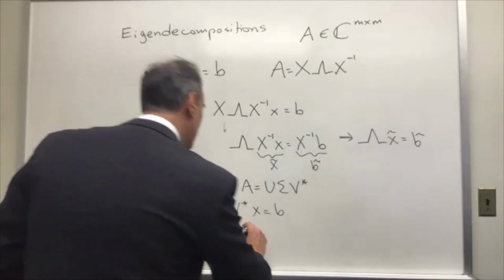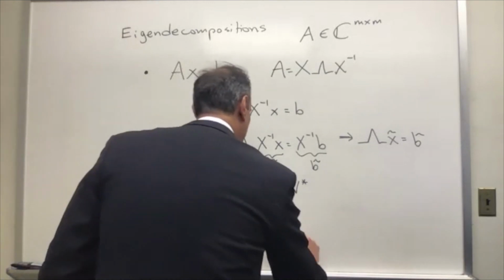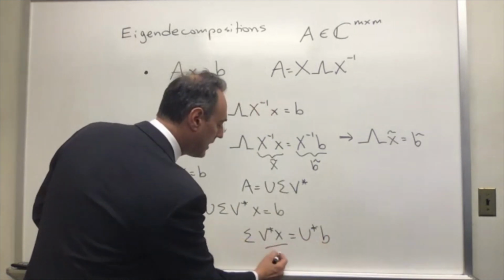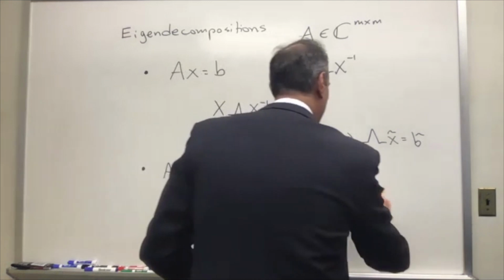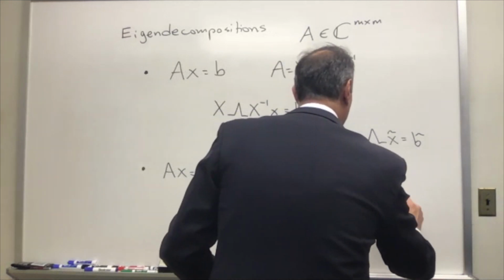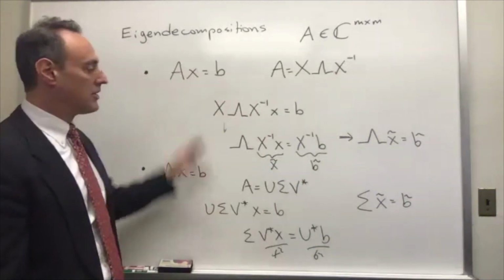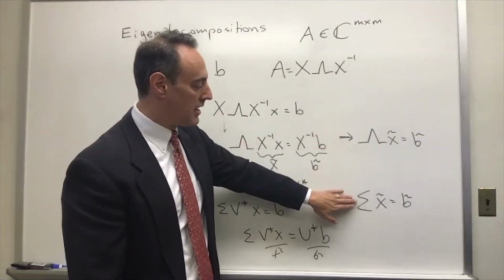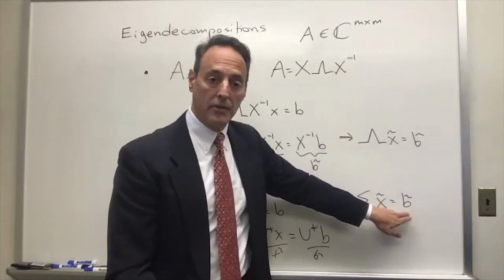This becomes sigma V star X equals U star B. I can call this X tilde, this B tilde, and then you have sigma X tilde is equal to B tilde. Notice how similar these are. This is exactly just like here. I've got a diagonal matrix times X tilde is equal to B tilde.